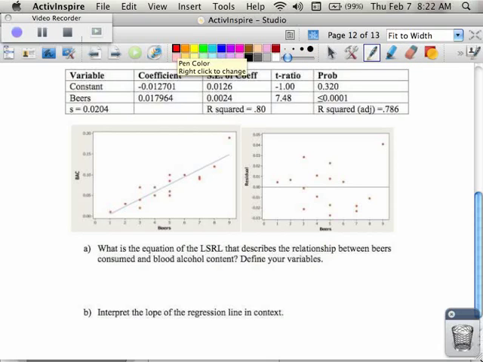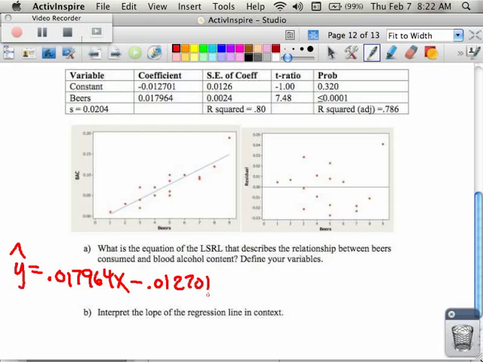Y hat equals, and our beers coefficient was 0.017964x, and then minus 0.012701. They both came from the table, and you can color code them from up above if you want to show which one was the slope and which one was the y-intercept.